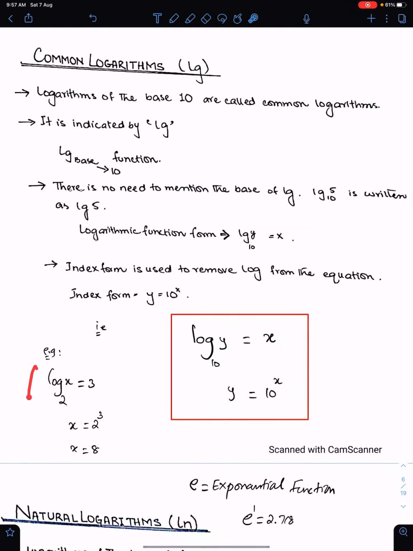For example, if we have this and we have to remove log, if the question is find x, then according to index form, copy this x here and make this 2 the base of this number 3, and the answer is 8. So this is the way to get the index form from the logarithmic function form.